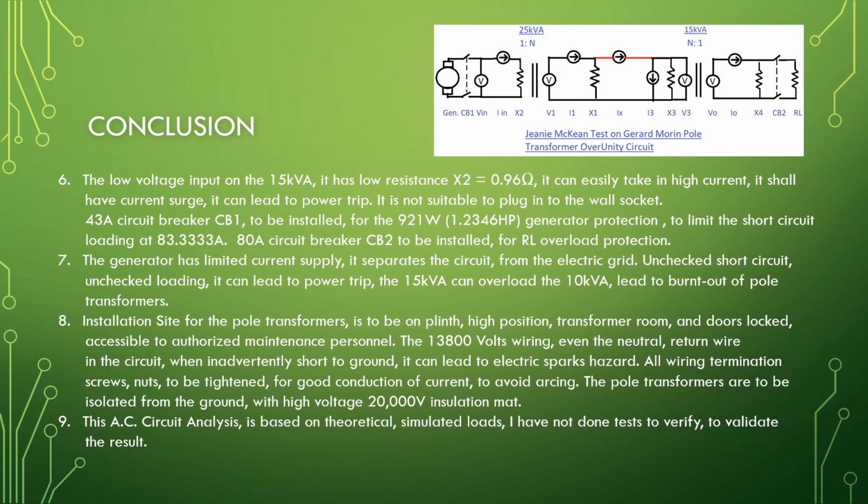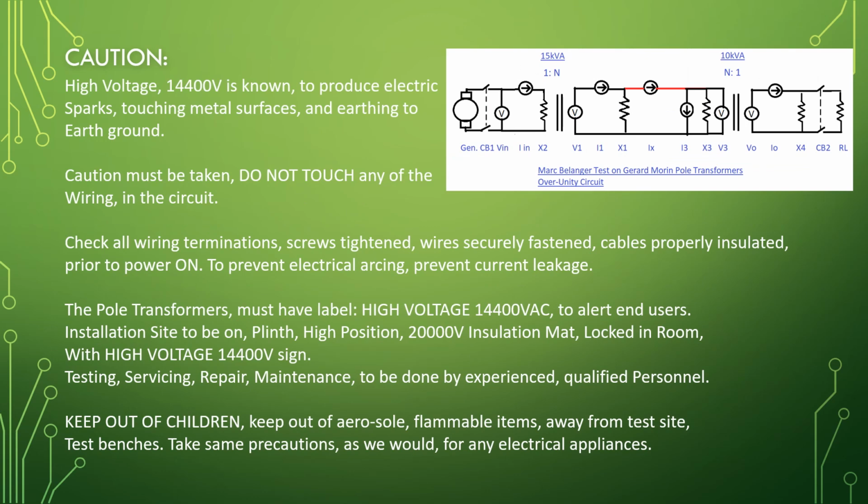This AC circuit analysis is based on theoretical simulated loads. I have not done tests to verify or validate the result. Caution: high voltage 14,400 volt is known to produce electric sparks touching metal surfaces and earthing to earth ground.